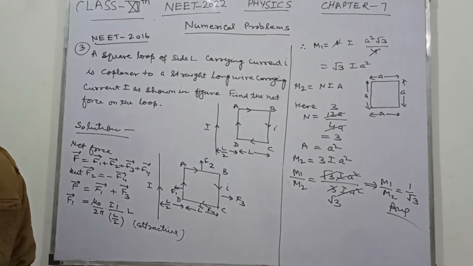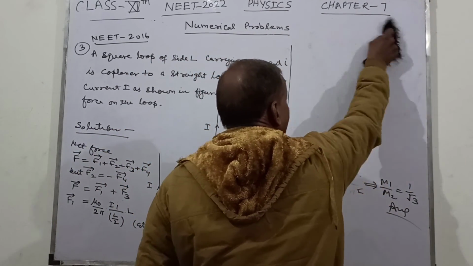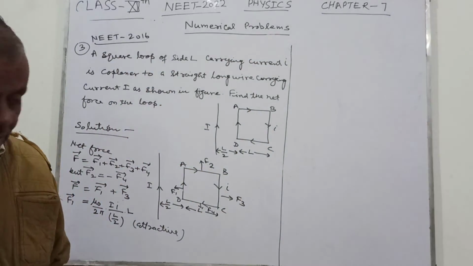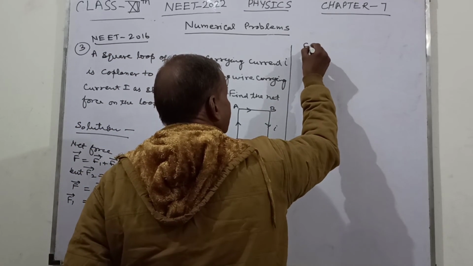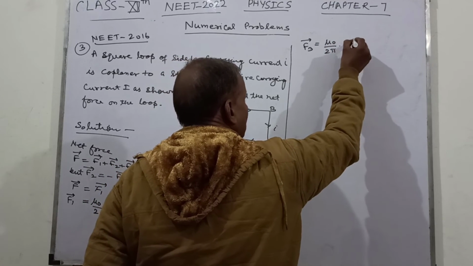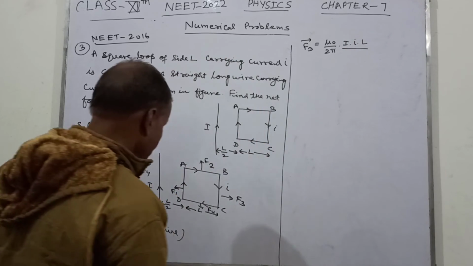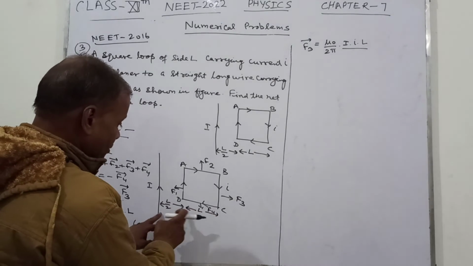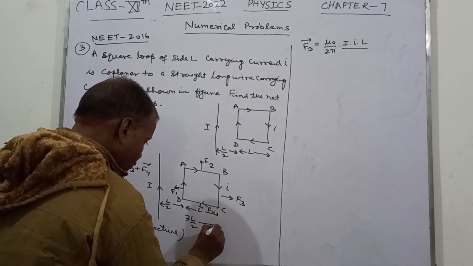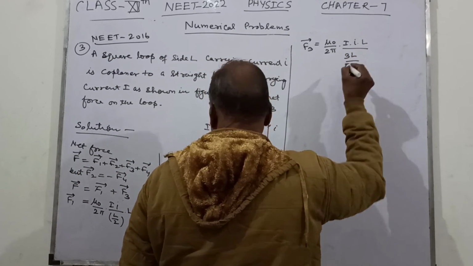And now this F3 is equal to mu naught upon 2 pi I into I into L, the length, upon the distance, which is L by 2 plus L by 2 — so this is now 3L by 2.